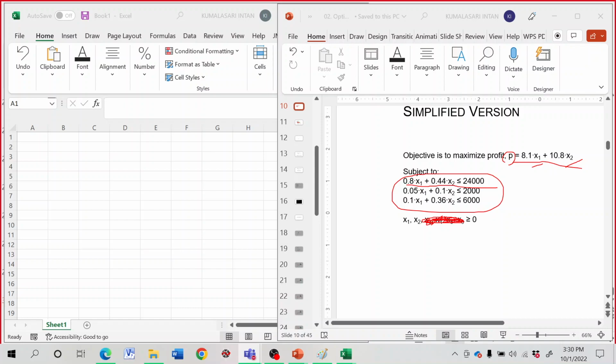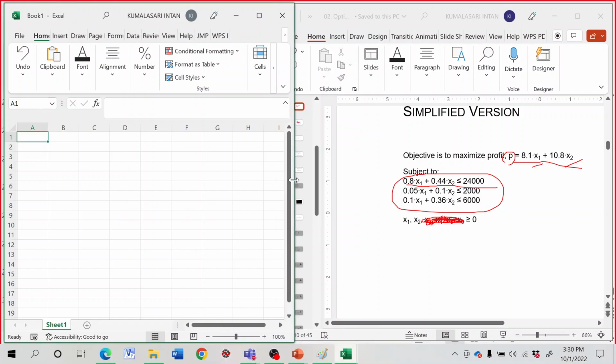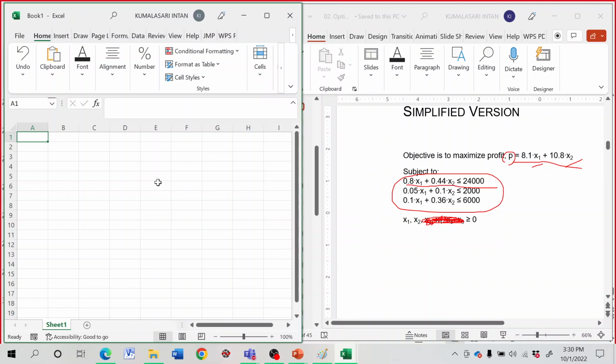Okay, so some of you haven't taken the optimization course, which is very strange. I thought the optimization course should be a prerequisite for this course.